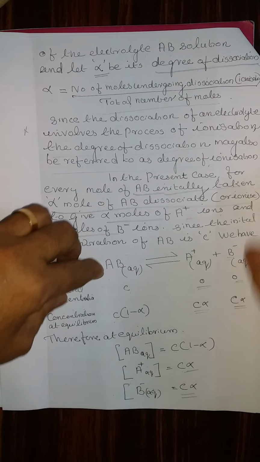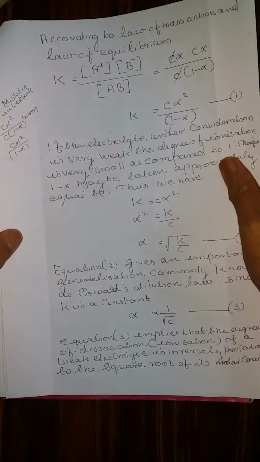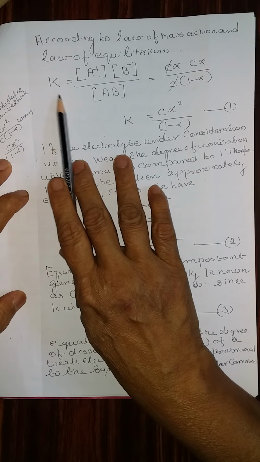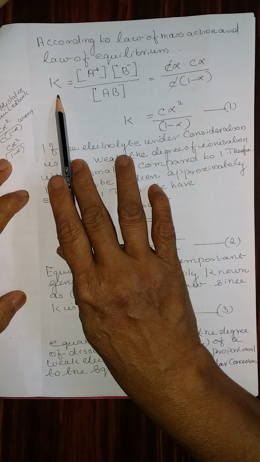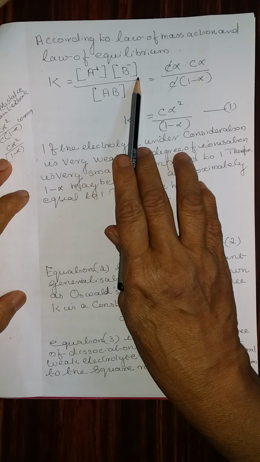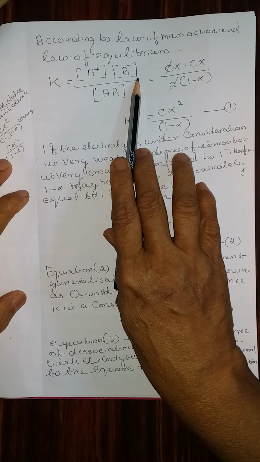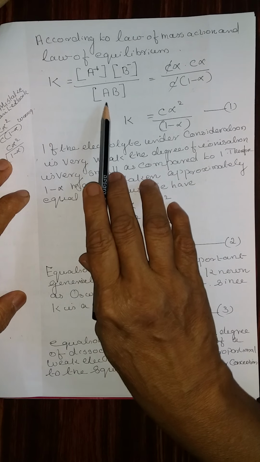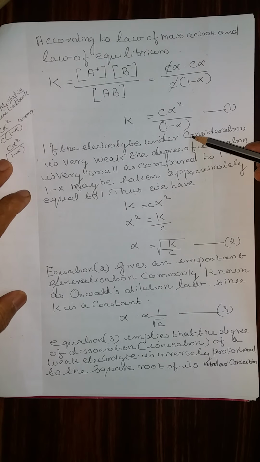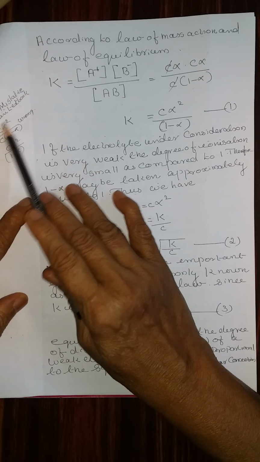Now applying the law of mass action and the law of equilibrium, try to write the equilibrium constant. Equilibrium constant K is equal to concentration of A plus ion times concentration of B minus ion divided by concentration of AB. And simplifying, in the textbook there is a mistake.